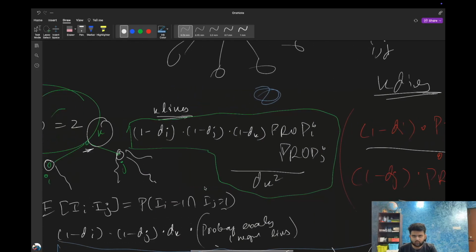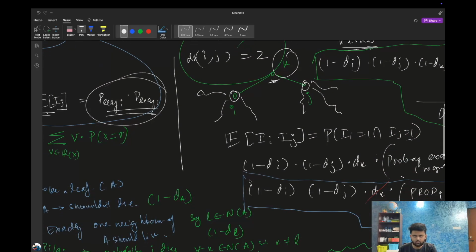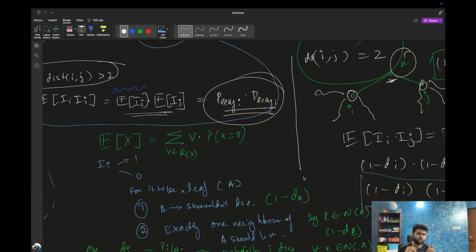So now in order to add all these cases up, we know that the number of pairs of products such that the distance is greater than 2 is usually much more than those with distance equal to 2 or 1. So what we can do is start off by calculating this summation, not just for vertices with distance greater than 2, but for all vertices.